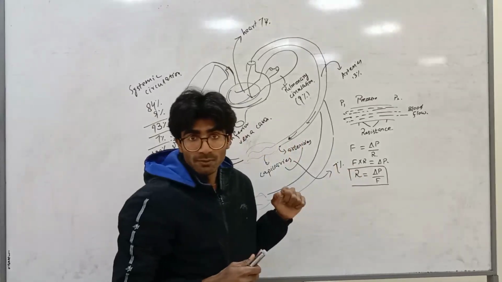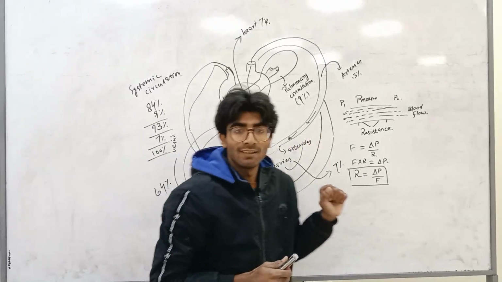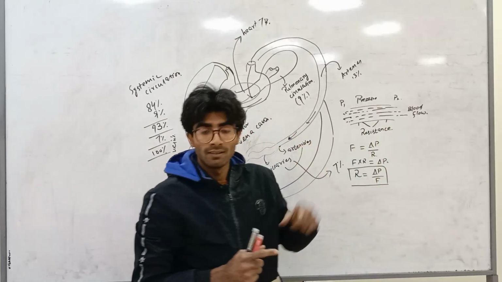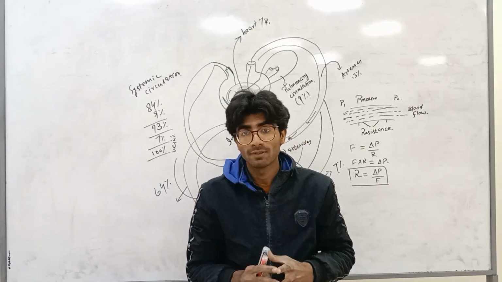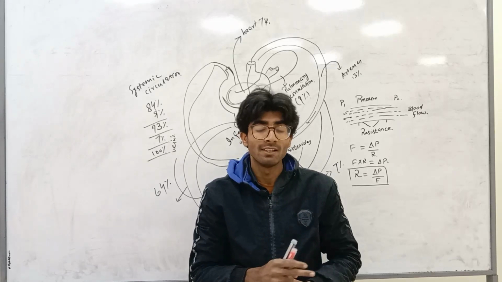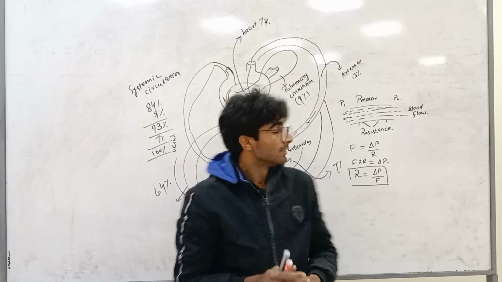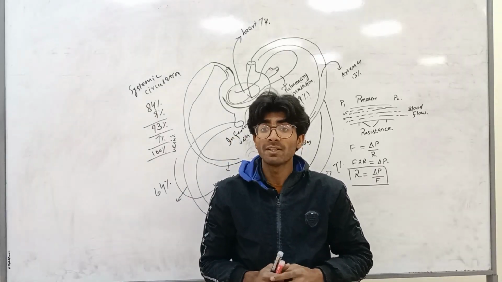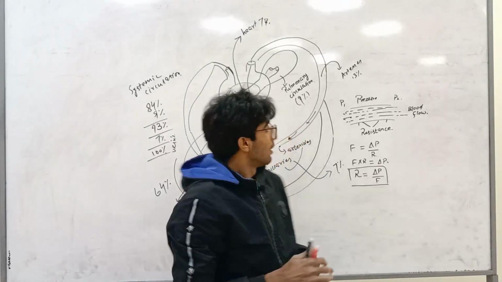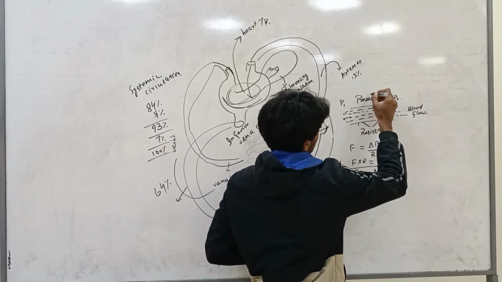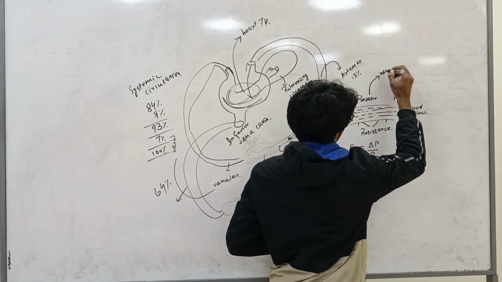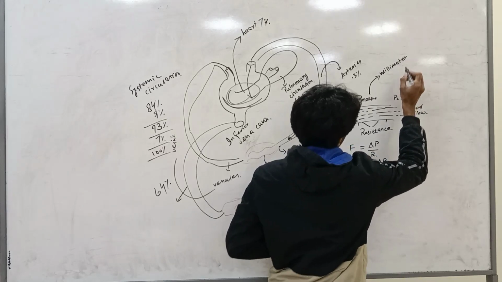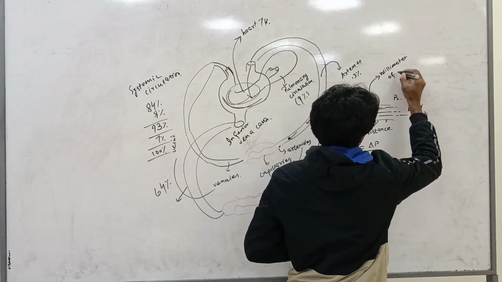Another point I want to explain to you is that in the blood vessel we have pressure. This pressure has two types. One is diastolic pressure and another is systolic pressure. Diastolic pressure is 80 millimeters of mercury. How can we find it?